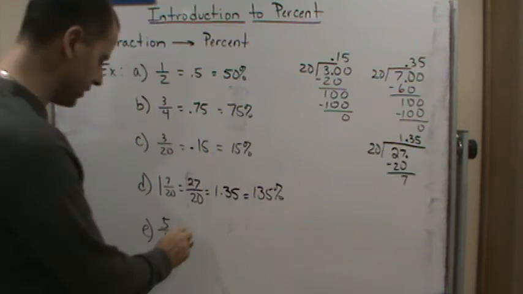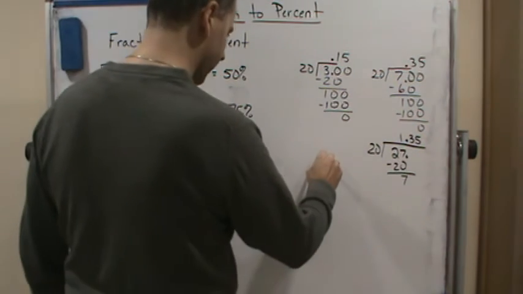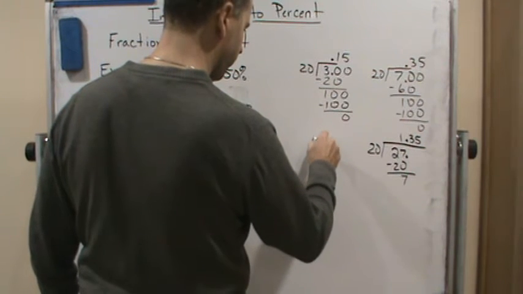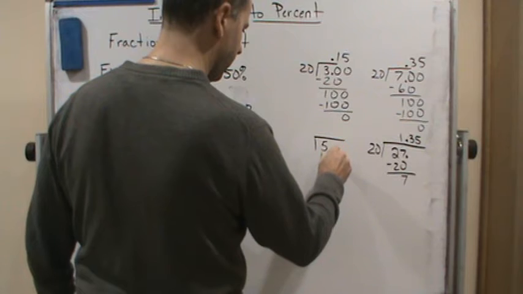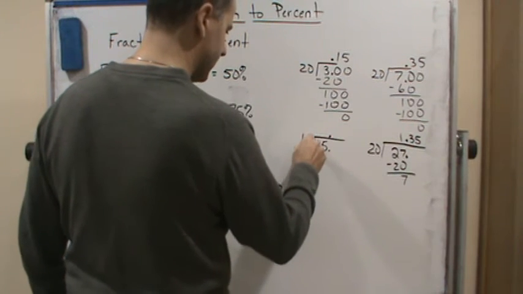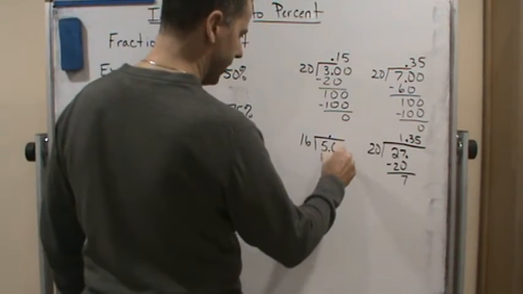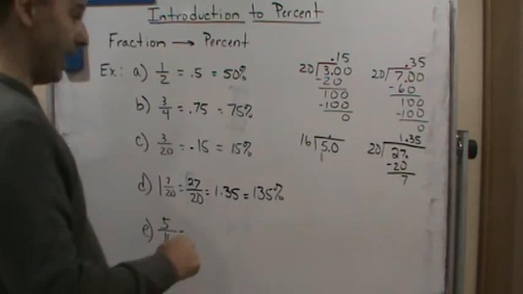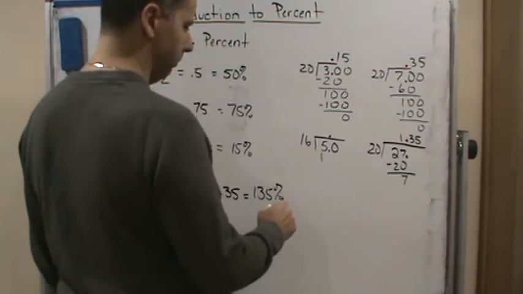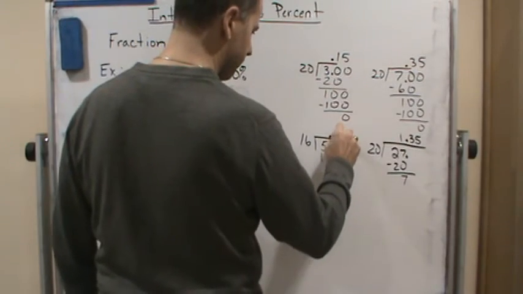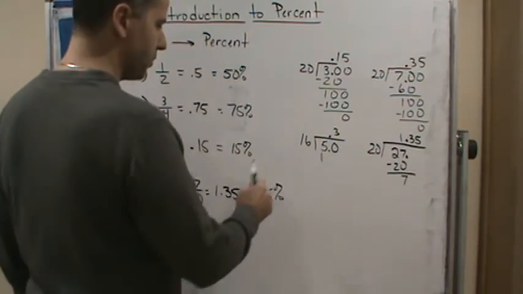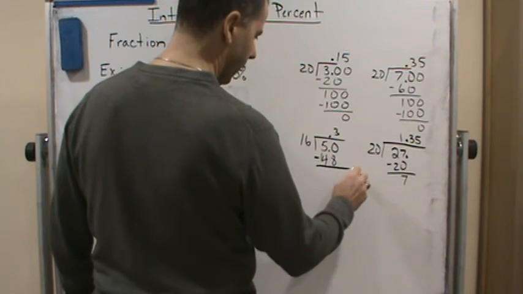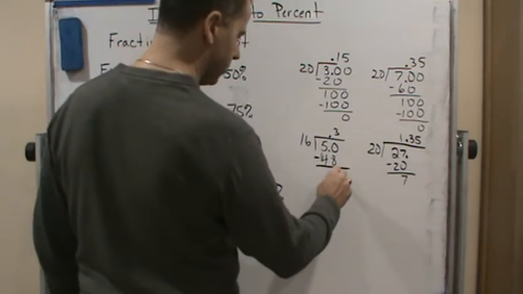Now, last but not least, 5/16. I want to change this to a decimal, so I'm going to divide 5 divided by 16. I'm going to add a 0. 16 goes into 50 3 times. 16 times 3 is 48, and so this is going to give me 2.